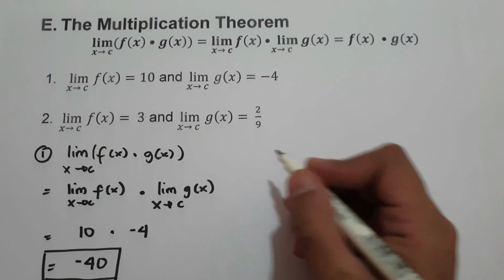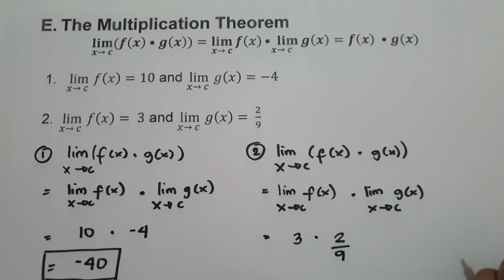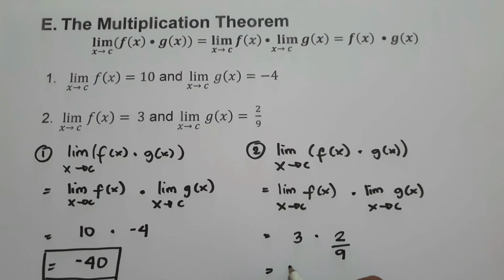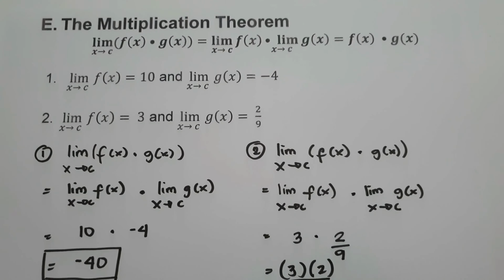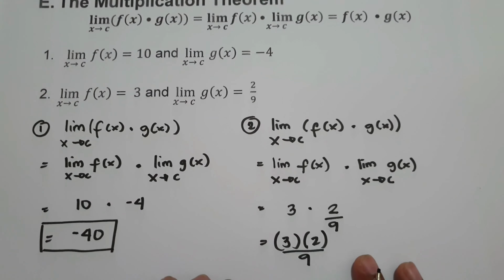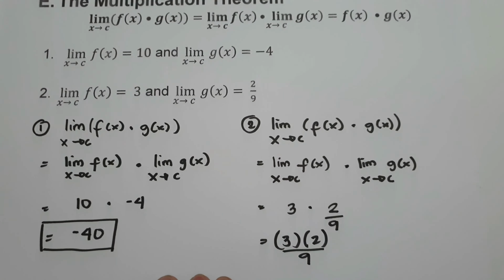So that is 3 multiplied by 2 over 9. So we can cancel 3 and 9.